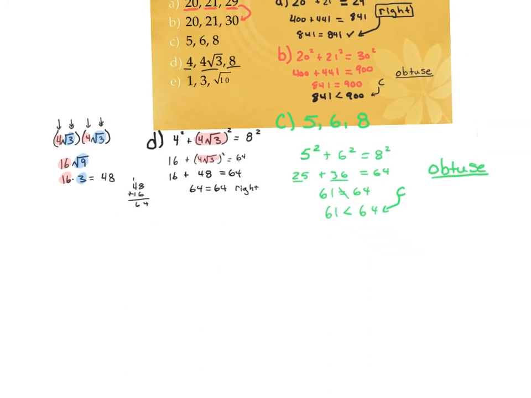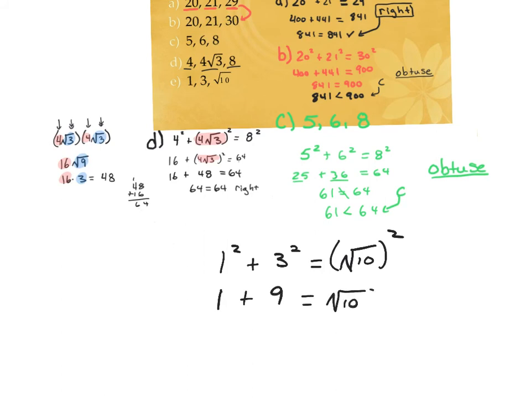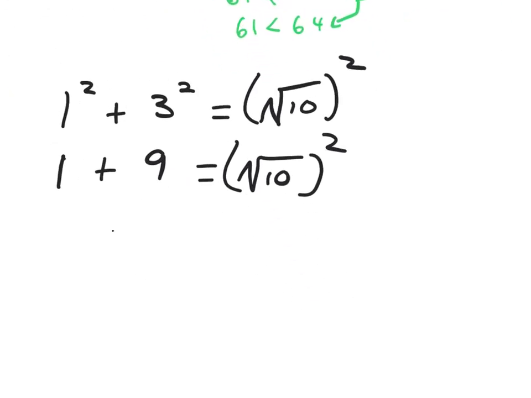Last but not least, we've got E. So we've got 1 squared plus 3 squared is equal to the square root of 10 squared. So 1 squared is 1, 3 squared is 9, and 9 and 1 is 10.